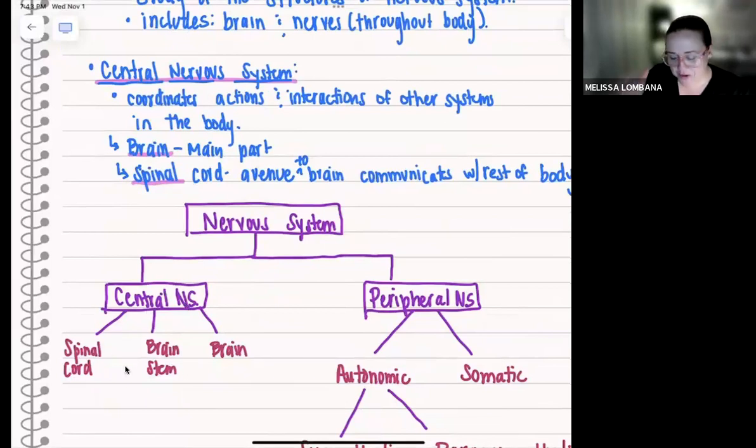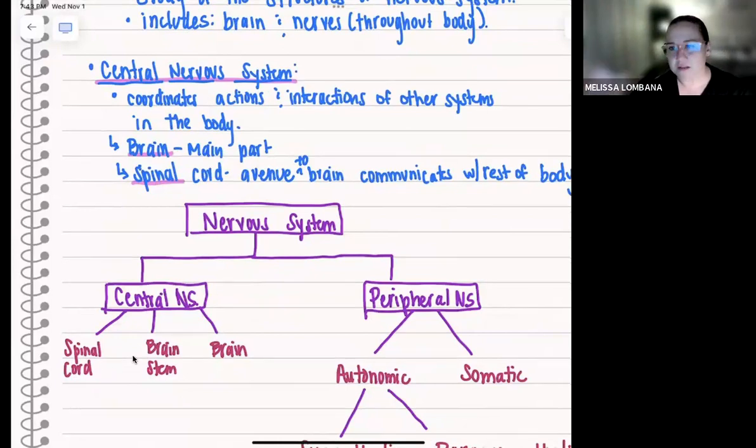Okay, the spinal cord is part of it. These are the nerves that connect the brain and the rest of your nervous system. So the spinal cord connects from the brain to the rest of your central nervous system.